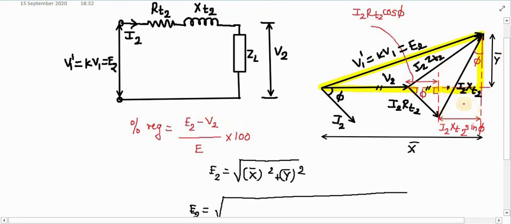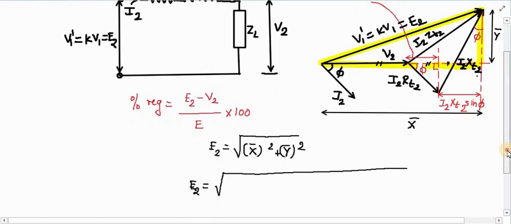This total length is nothing but your I2 XT2 sin phi. So my x component is V2 plus I2 RT2 cos of phi plus I2 XT2 sin of phi.